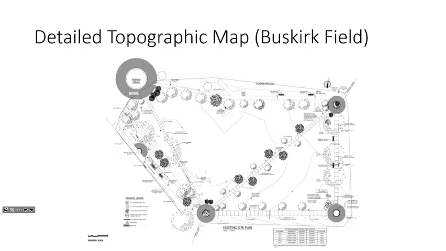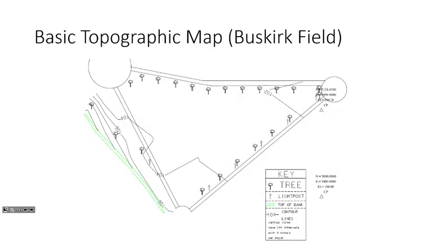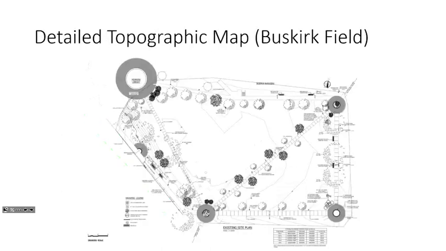And again, the point I'm making is that this and this are both generated the same way. It's the same process, just a little bit more time went into this for the hatching and the aesthetics of it. This is a much more professional site plan.